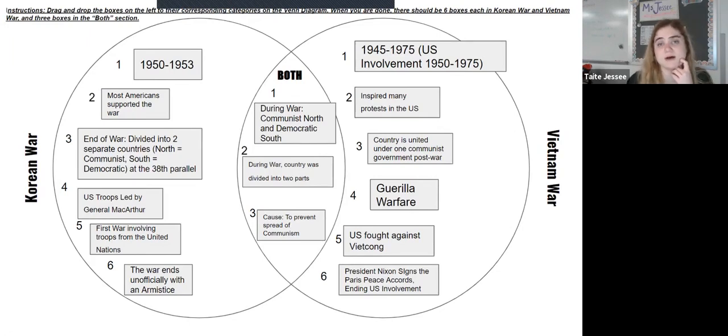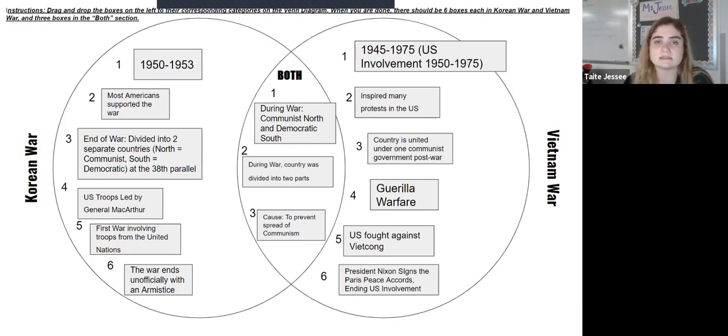They also get confused a lot because during both wars, Americans were in territories in Southeast Asia, or at least Eastern Asia, so that makes sense if you get them confused. Both countries were also divided into 2 parts during the war, a communist North and a democratic South. That covers all of our similarities.